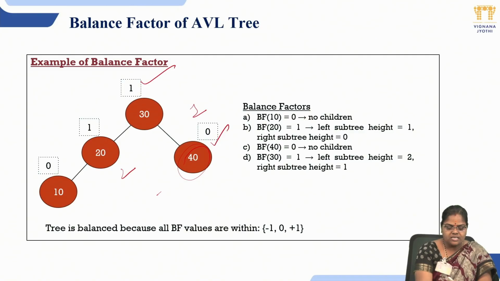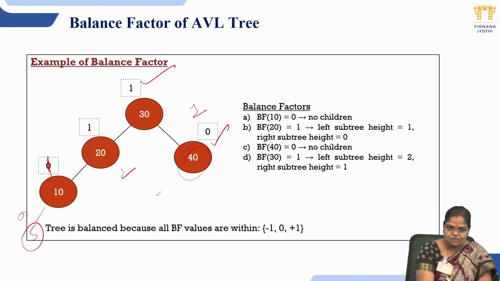Now assume that I have another node here onto the left subtree as node 5, satisfying the properties of a binary search tree. Then if we calculate, the balance factors will vary onto my left subtrees. Starting with node 5, the balance factor will be 0. Next node 10, the balance factor will change to 1, because the left subtree has got 1 and the right subtree 0.